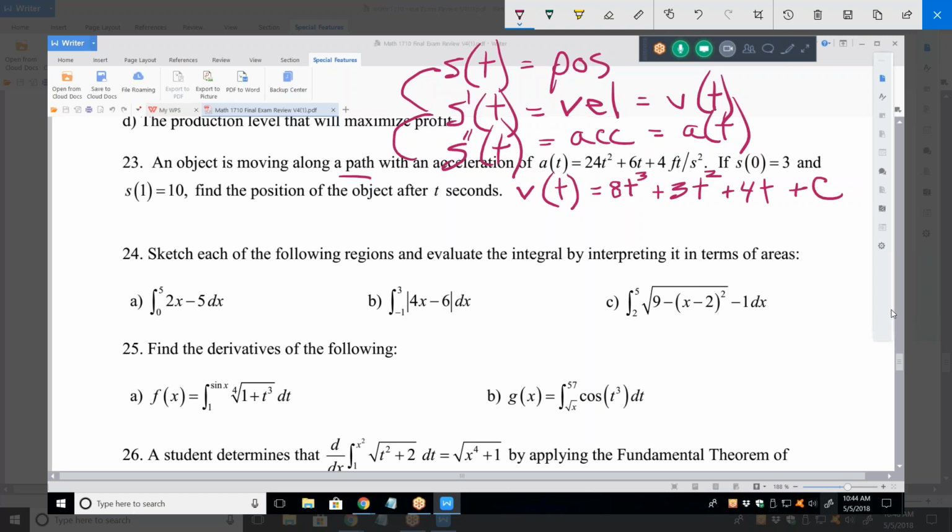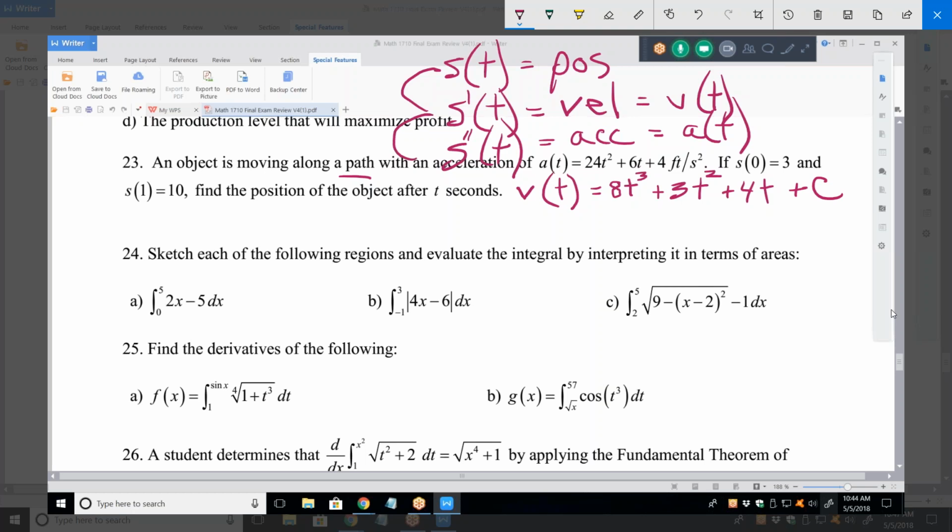Because, ooh, they're going to really make this tough. In other words, normally they give you the initial condition for the velocity. They would tell us what v of something was, and then we'd solve for c, and then we'd repeat the step. But they don't tell us anything about an initial position of v.